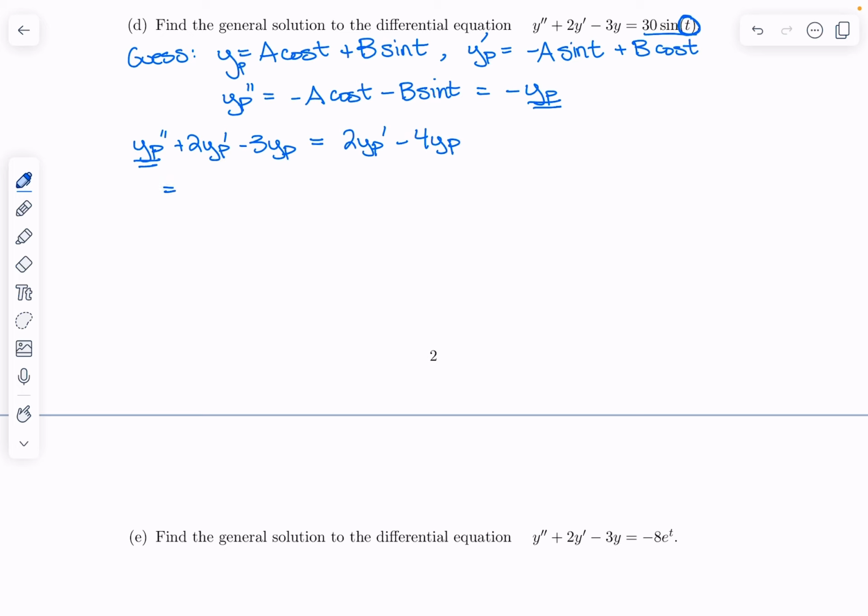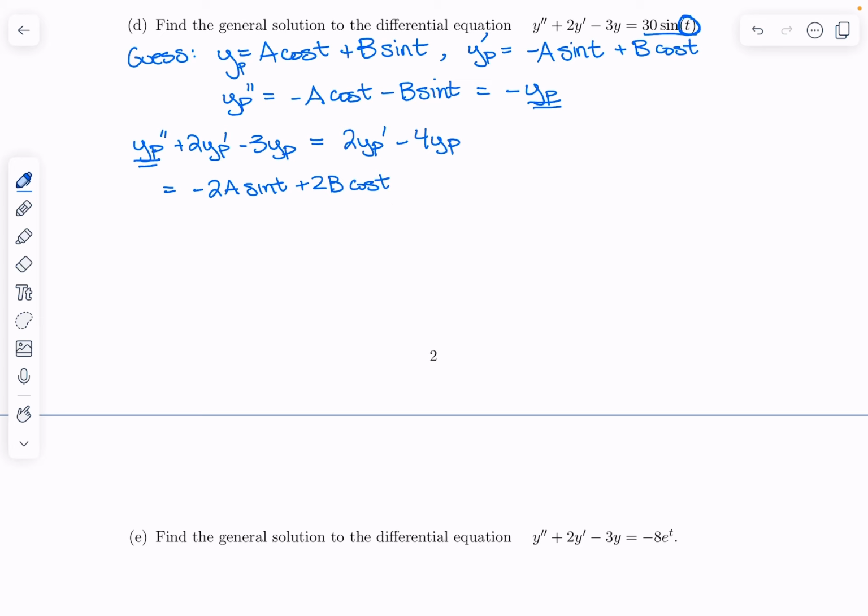So 2 times the first derivative of my particular solution, so 2 times yp prime, is indeed negative 2a sine t plus 2b cosine t.